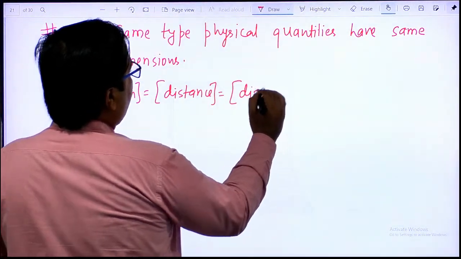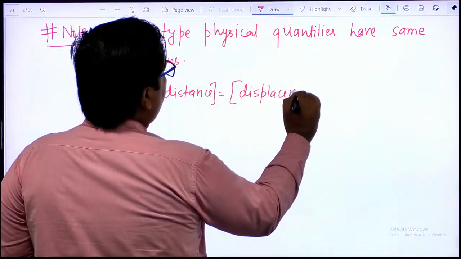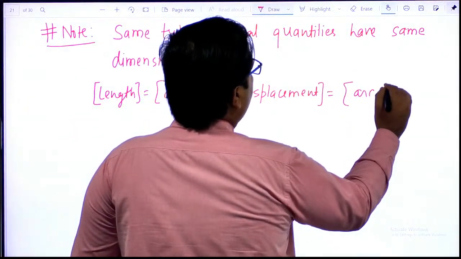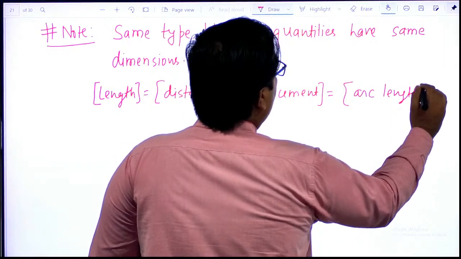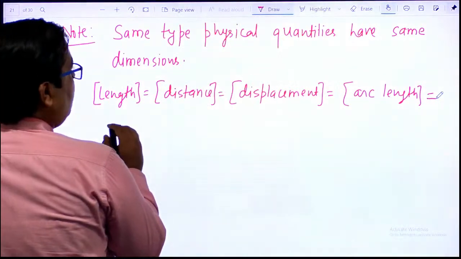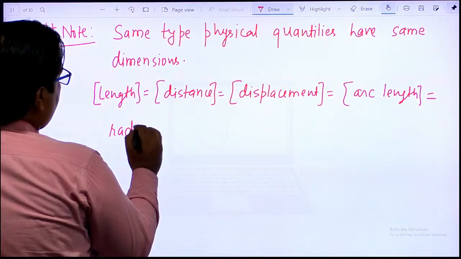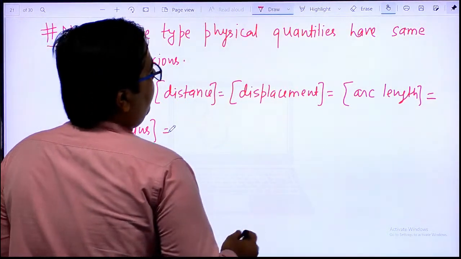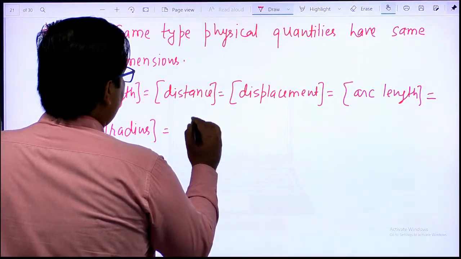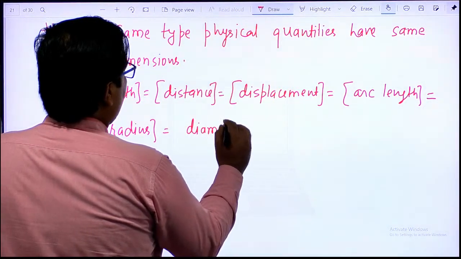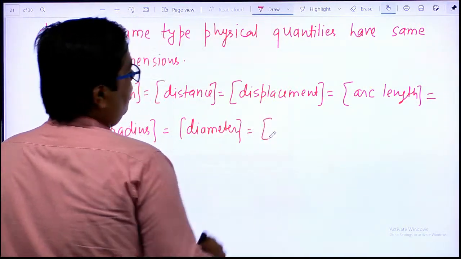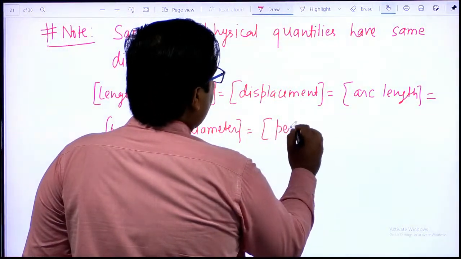You can write displacement, arc length, radius, diameter, perimeter.